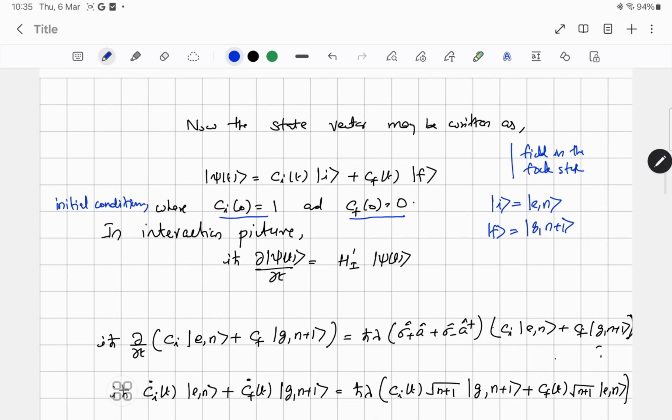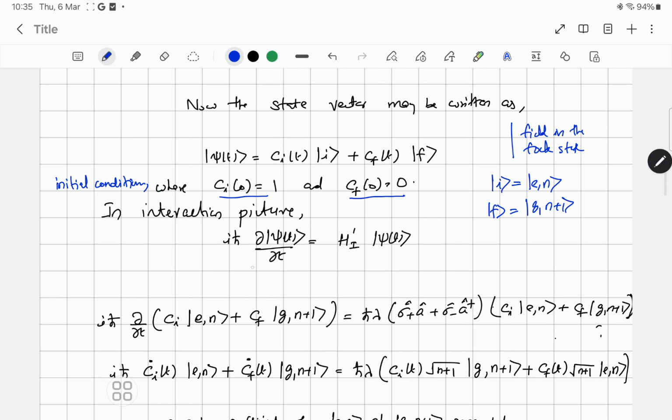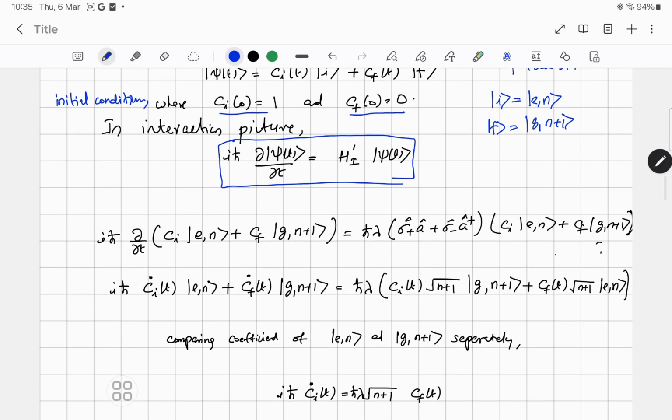Okay. So now using the interaction picture, our equation of motion would be iħ ∂ψ/∂t equal to H prime I acting on ψ, and this state I have already written as Ci of t e, n plus Cf of t g, n plus 1. So remember both Ci and Cf are functions of time.